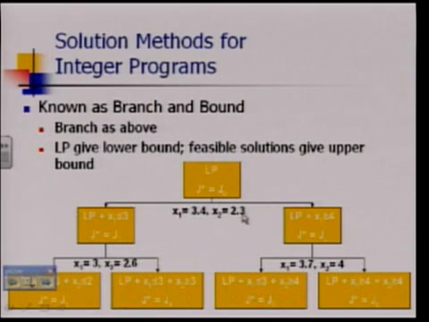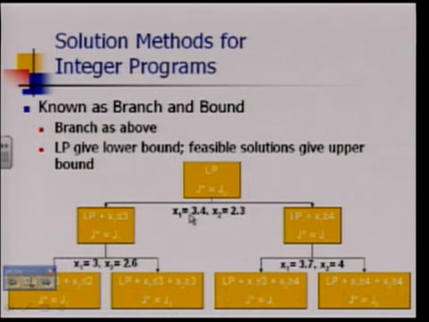And of course, you can also do another case for x2 less than or equal to 2, or x2 greater than or equal to 3. So in fact, you have what? 4 different cases on this. Because you have a non-integer solution, x1 is 3.4 and x2 is 2.3.